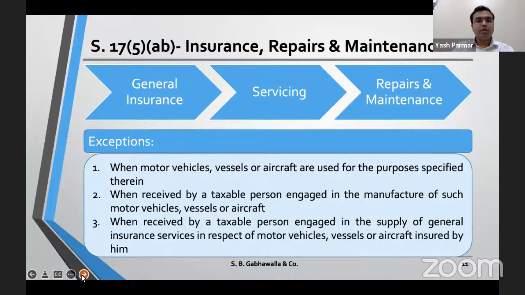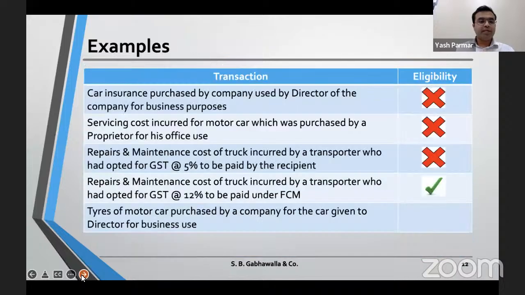Now, if you will see, all these three transactions are in the nature of service. And the example which we are discussing is the tire. Tire is not a service, tire is definitely goods, and therefore ITC is not blocked. Section 17(5)(ab) does not block ITC of goods in relation to motor vehicles, vessels, and aircraft. Therefore, ITC can be claimed for the tires which are purchased by the company.